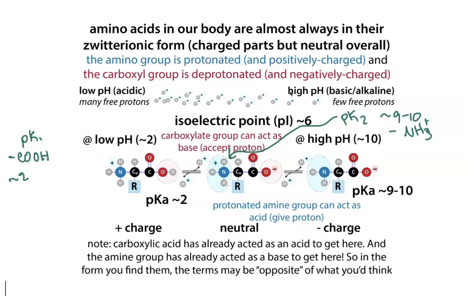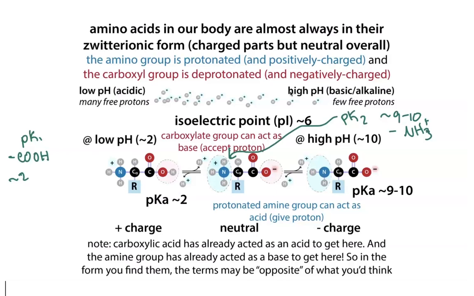So if you're at a low enough pH, both of those groups are going to be protonated. Both of them are going to be in their conjugate acid form. But then as you go up, first you're going to go past that first pKa, the pKa for your carboxylic acid group. That's going to deprotonate first, because remember that things are going to deprotonate in the order of increasing pKa.